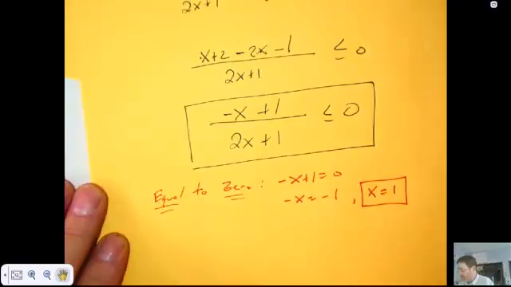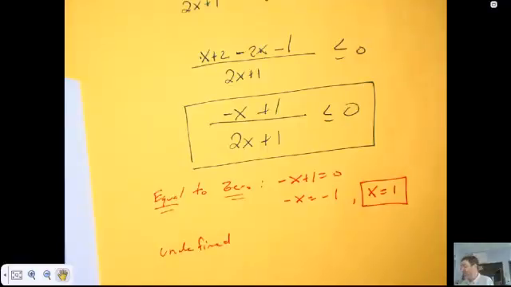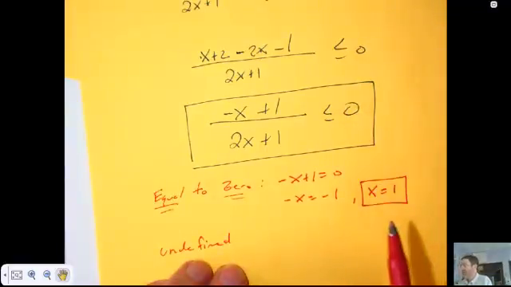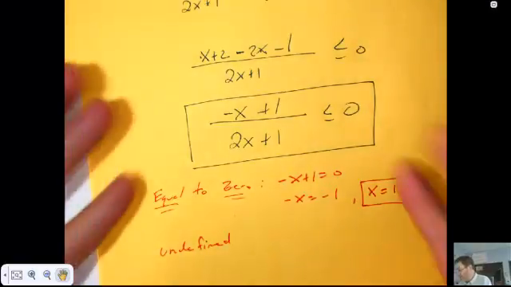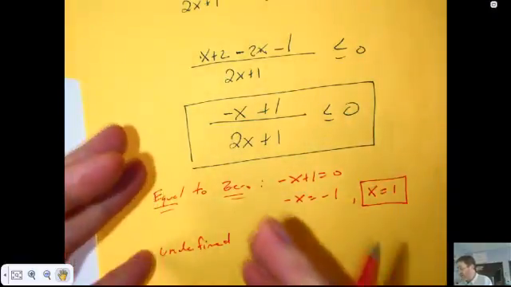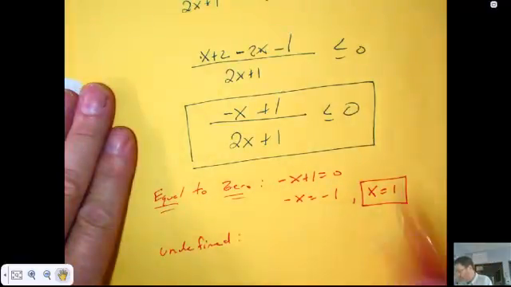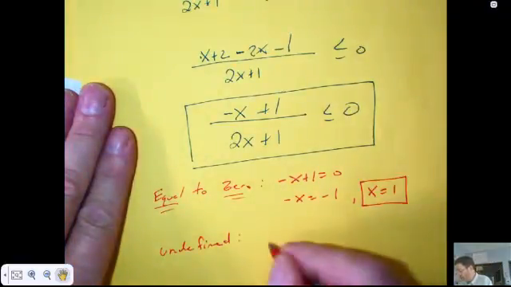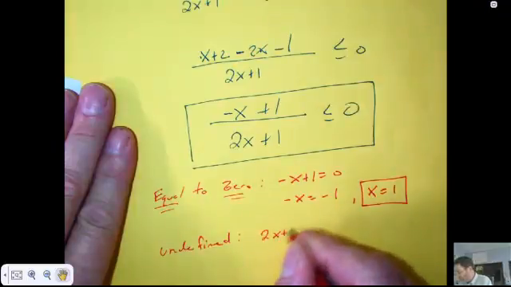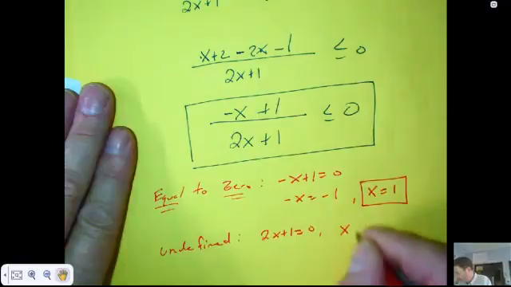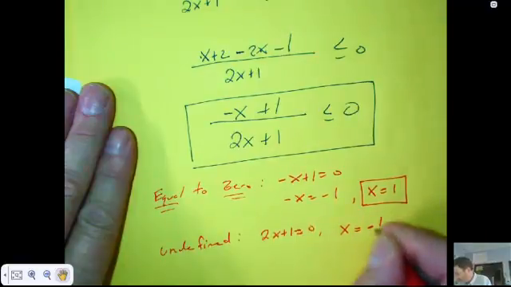I also look where it's undefined. Because you ask yourself this question: if it's less than or equal to 0, it's either equal to 0 or it's undefined. Undefined is not less than 0. So where's it undefined? Well, with the bottom, where 2x plus 1 equals 0. That's where x equals negative a half.